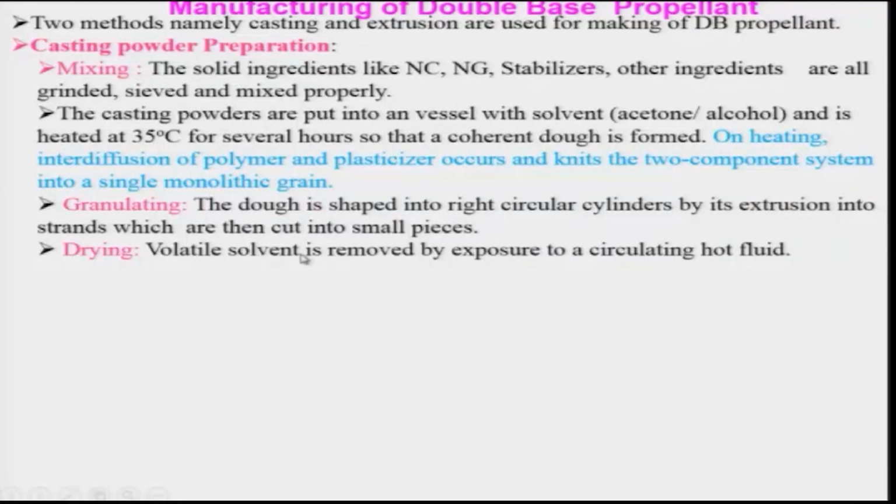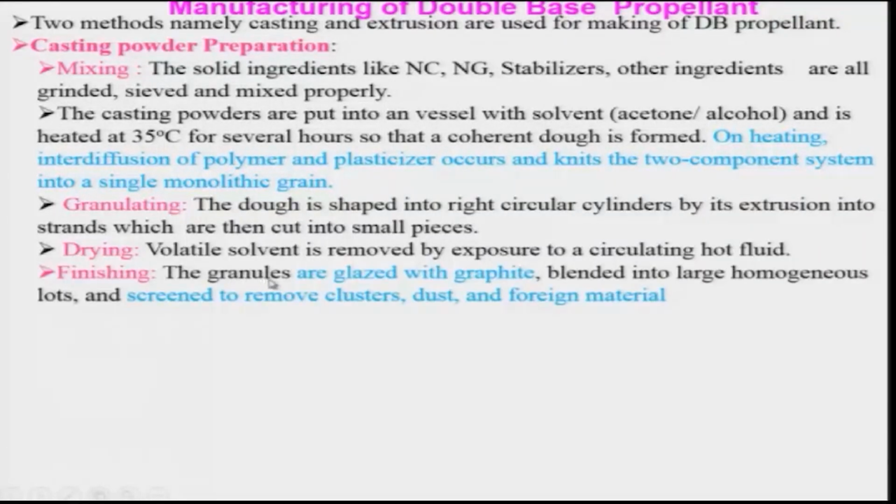These granules are then glazed with graphite and blended into large homogeneous lots, but these lots are screened to remove clusters, dust or foreign materials, so that it can be used later on.